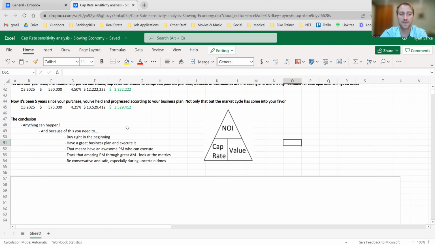The conclusion and what you should be learning from this example is buy right in the beginning. Do a conservative underwriting. Make sure that you're looking at your cap rate and actually increasing it, maybe 0.1% per year, maybe 0.2% per year.